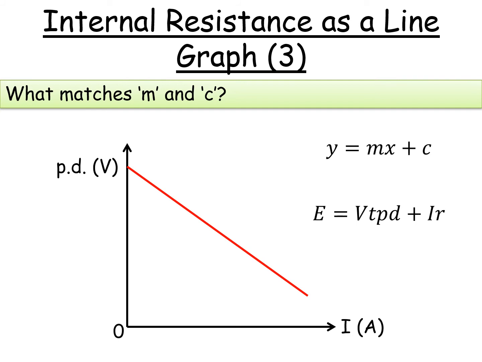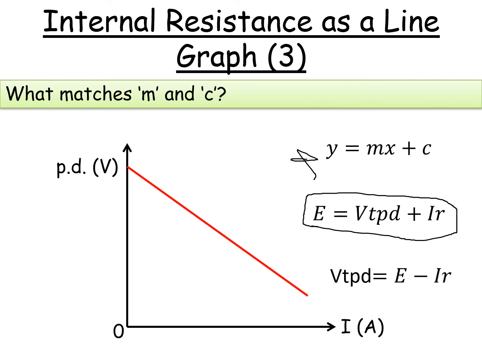The key thing I want to talk about now is, first of all, why is the gradient of this line negative, and how does that match up with our equation for internal resistance? Well, if you matched up the equation like we did before, and rewrote it in the same format, you would get this equation here.